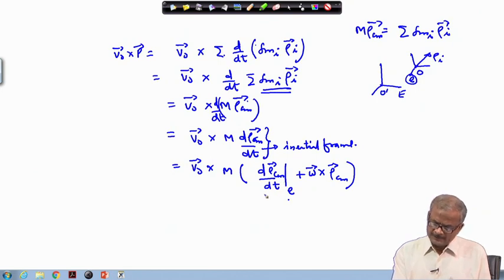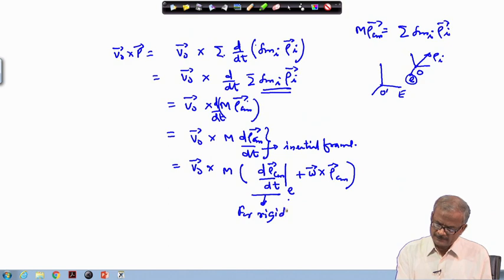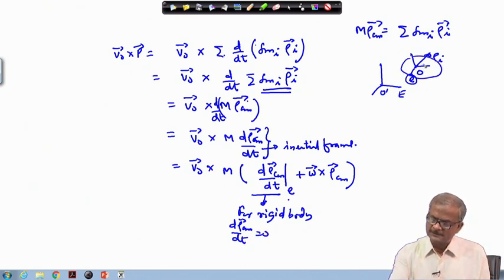So, for a rigid body this quantity d rho c m by dt will be 0, which means the center of mass location does not change with time with respect to this point O. Okay, this is what it states.